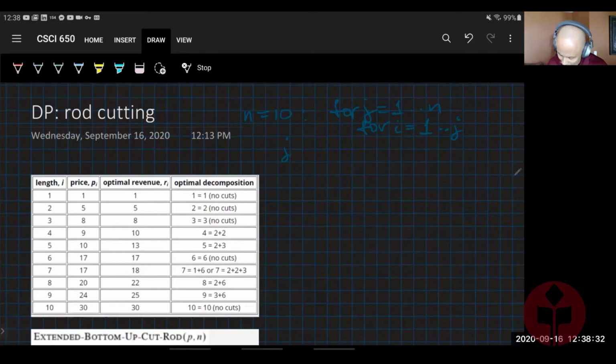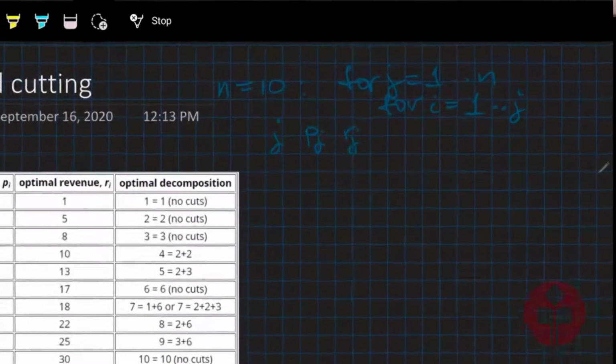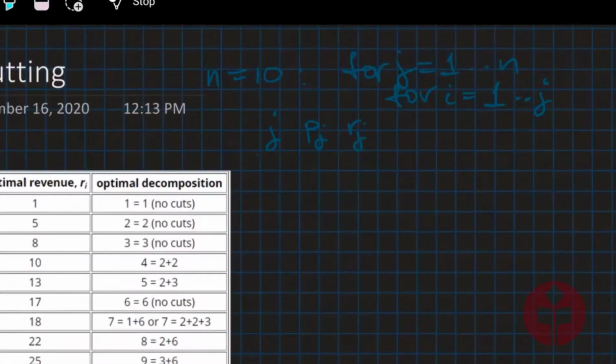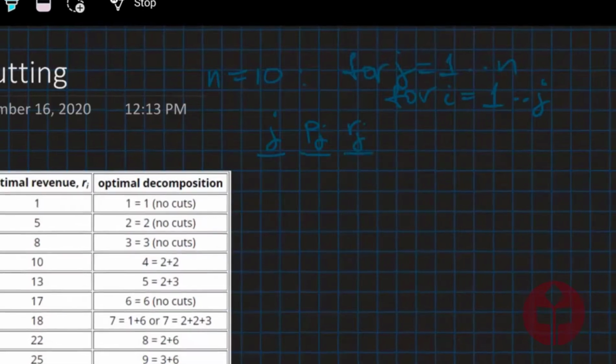So we will have a p sub j value, right? So that's the other thing. And then finally, we're going to be calculating what the revenues are, or the optimum revenue at length j. So these are the three values that we're going to be calculating.